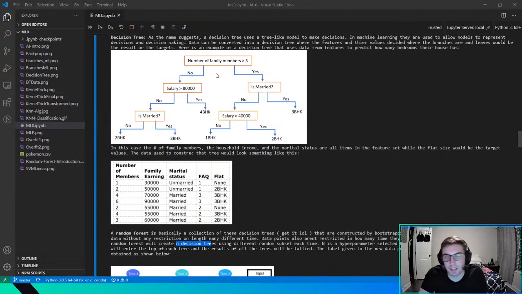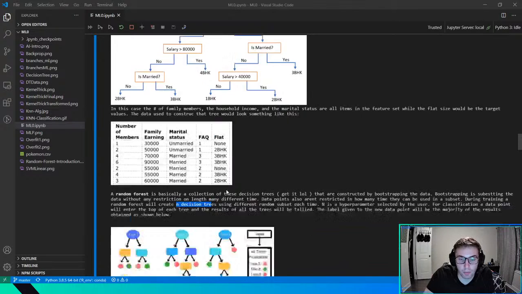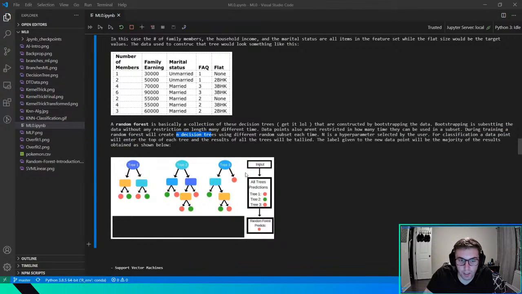By split I mean, here the feature would be number of family members, and it splits if it's greater than 3. If this is the most important feature in determining what type of flat the person is using, you'd probably get a bunch of decision trees that are very correlated and very similar. That would be a problem because we wouldn't get much variance in these trees, and it wouldn't be that useful. Basically, we'd just be fitting the same tree multiple times.